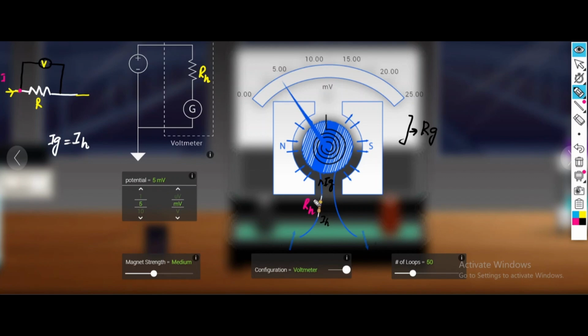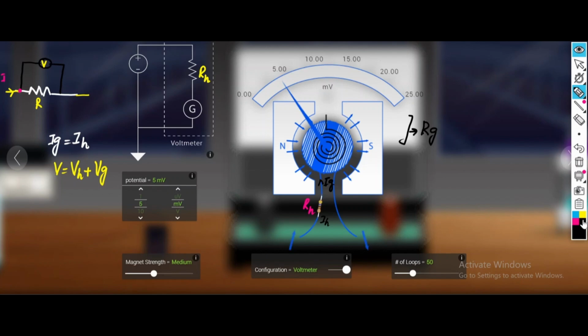The voltage across the high resistor and the voltage across the galvanometer will be different. So we can write that the total voltage is equal to the voltage across this resistor, which is VH, plus the voltage across this galvanometer, which is VG.